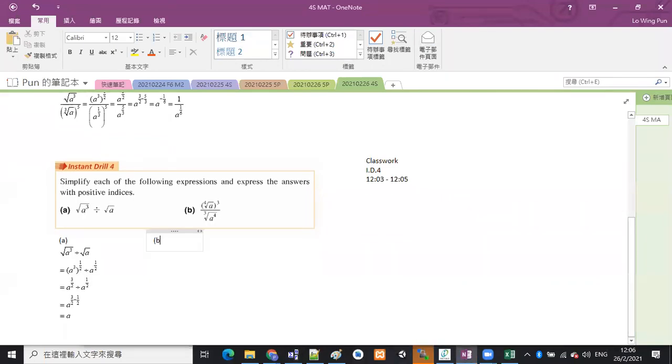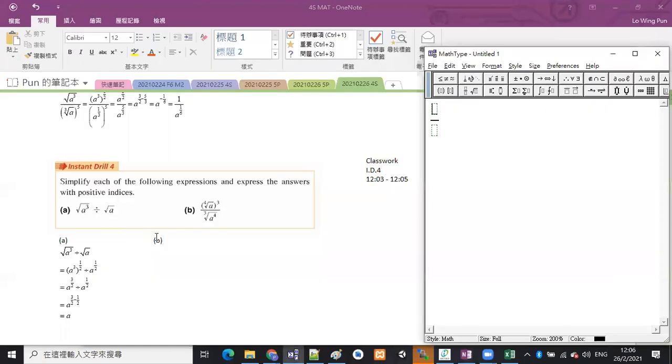Okay, and then part b, slightly more complicated. Again, when you see the root symbols, you need to change them to fractional index first, because it is more convenient for us to do calculations.